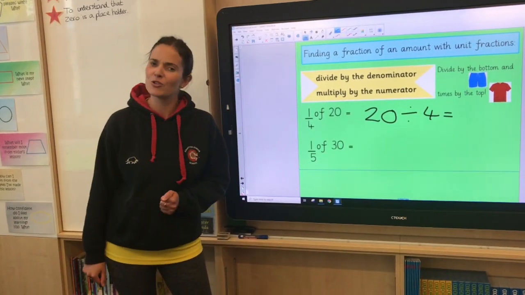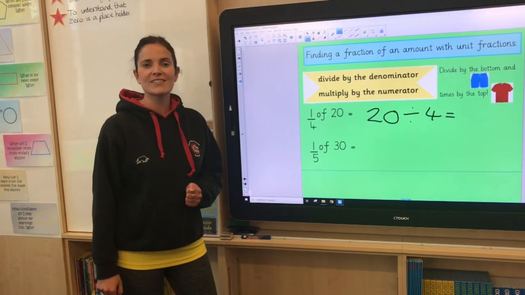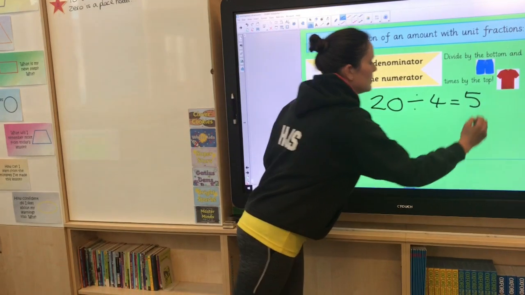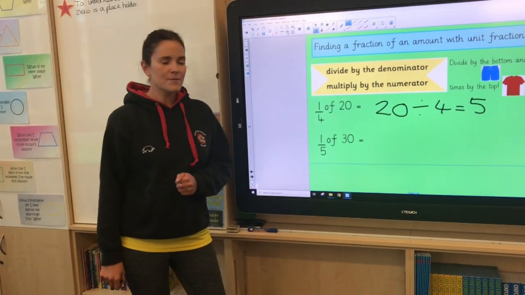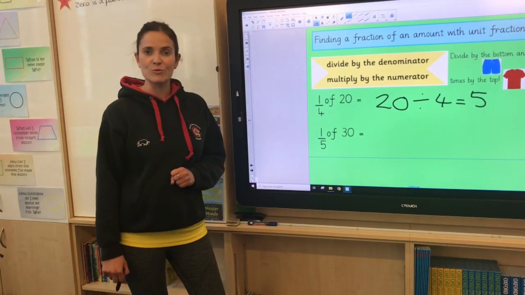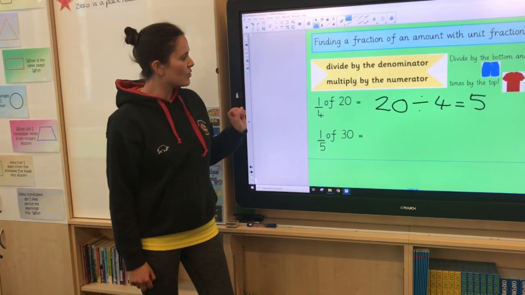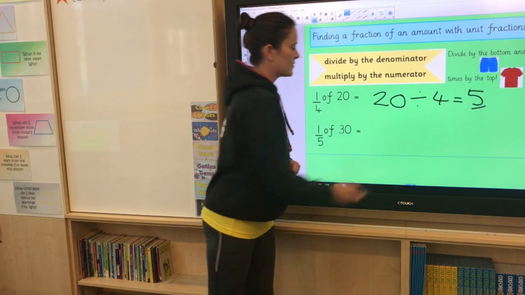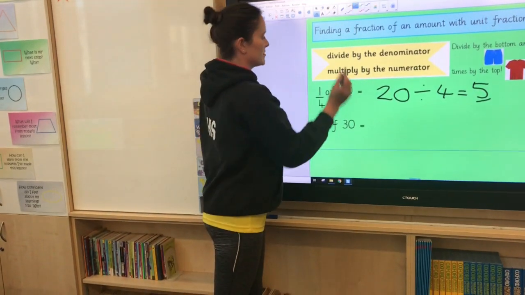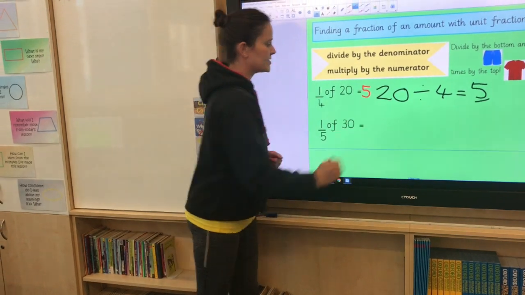And we know our 4 times table. We know that 20 divided by 4 is 5. And once I've got my answer there, my second step is to multiply my answer by the numerator. So I would multiply 5 by 1, which gives me 5. So 1/4 of 20 is 5.